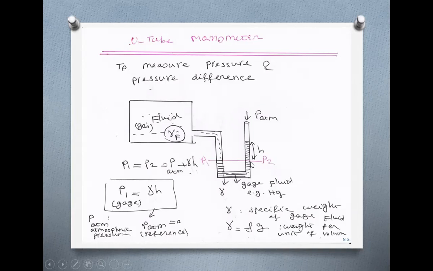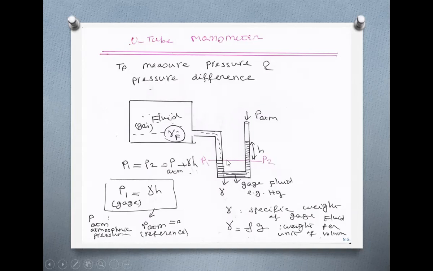And how do you measure P2? Pressure here on top of the surface is the pressure of atmosphere, which is on top, plus the weight of this column of fluid, which is gamma H. So it's P of the atmosphere plus gamma H, and that is P2.